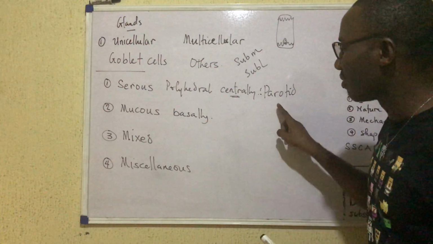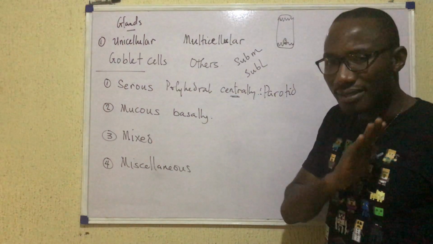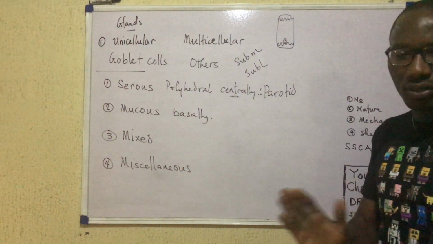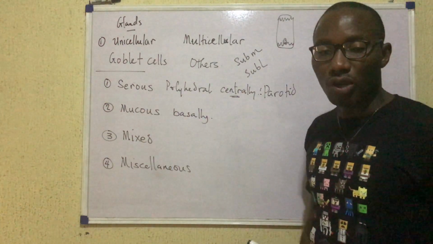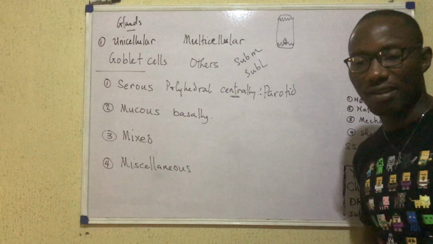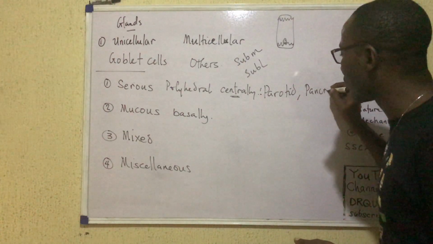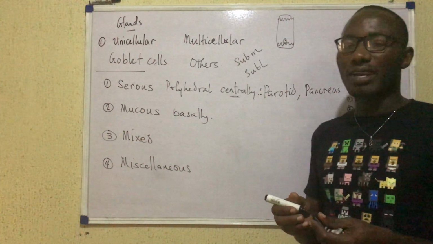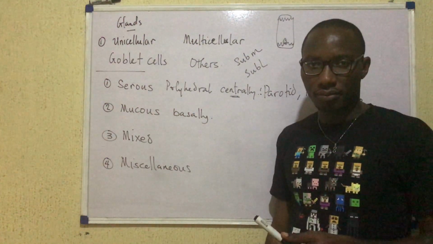Of these three groups, the parotid glands have secretions that are entirely serous, 100% serous. So we say parotid glands are good examples of serous glands. Apart from the parotid, the pancreas is also an example there. So pancreatic secretion is usually serous.